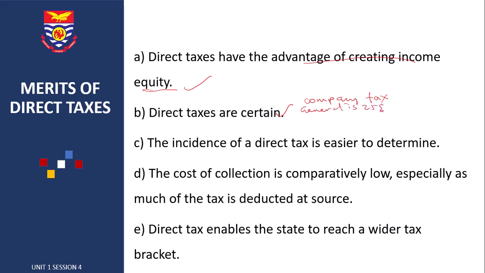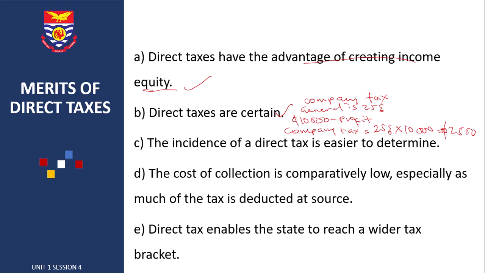So if in a particular period, you earn 10,000 as profit after deducting all other allowable expenses, we know that the company tax is 25% times 10,000. It is certain. So you're going to get 2,500. So you know how much to pay, and then you know where to pay it. We pay it at the Ghana Revenue Authority.